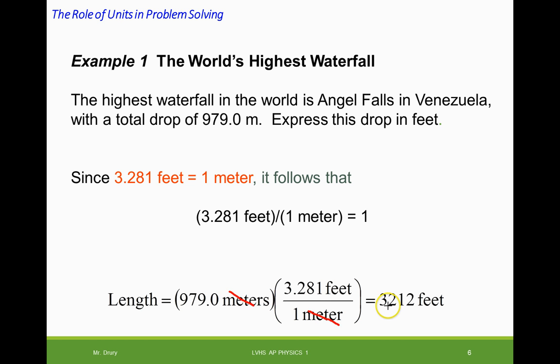So now we're left in feet, and as you can see, the feet are what we wanted to be in. So how do we actually do this? We would take 979.0 meters. Meters are gone. So 979 times 3.281, and you end up with that many feet.